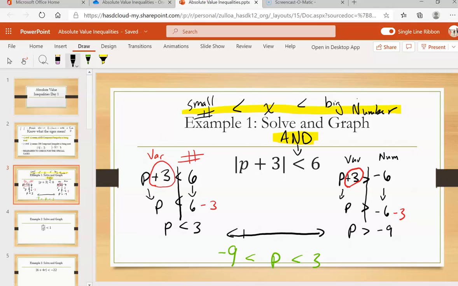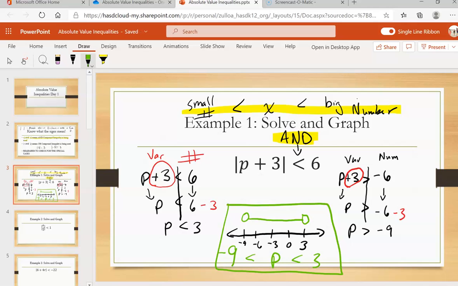So we have -9, -6, -3, 0, and 3. And if we were graphing this, which we are, they're open circles above -9, open circle above 3. And if your p is in the middle, you shade in the middle. So that is your answer and your graph.